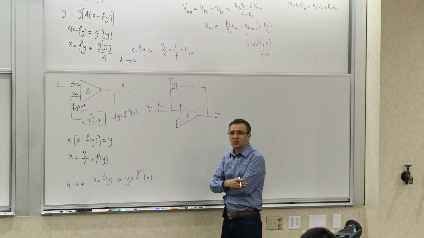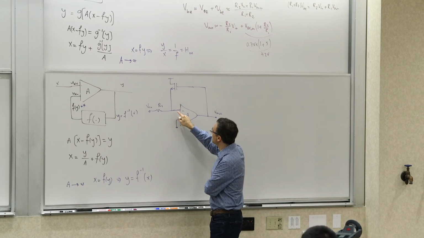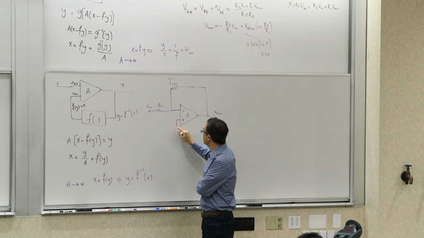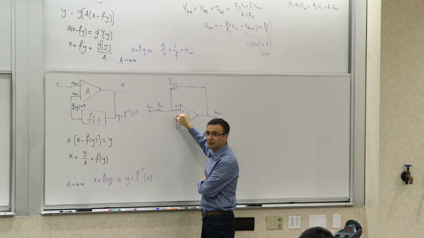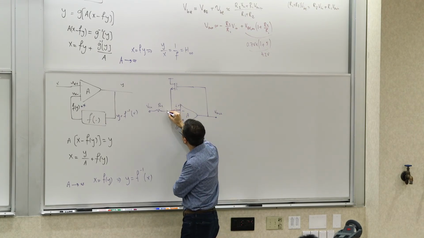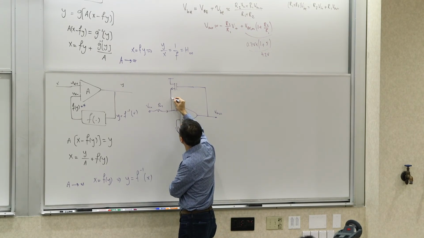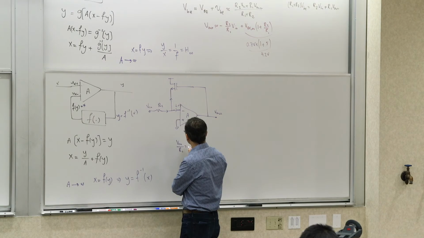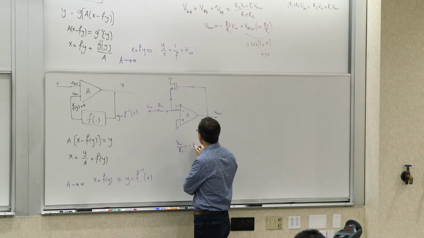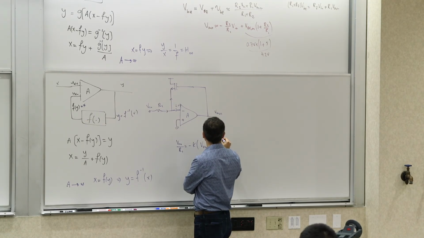So if gain is sufficiently large, then these two have to be equal, which basically means that this voltage has to be 0, and this current would be 0, because this voltage is forced to be 0. Now, this current has to be equal to this current. So basically we say V in divided by R1 has to be equal to negative K times (V out minus Vt) squared, where Vt is the threshold of the transistor.